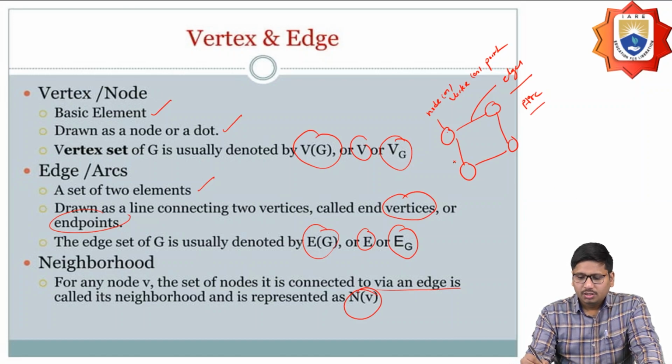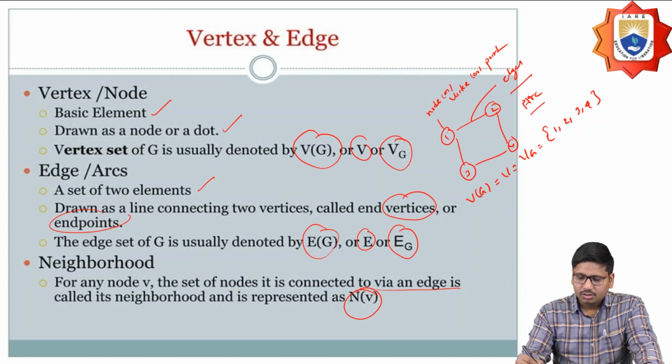These vertices are represented as V of G, or the set V. So it is nothing but the set of vertices. And the edges in the graph are called E of G, or can be written E or E suffix G. So the edges can be written as E2, E3, E4 and E5.